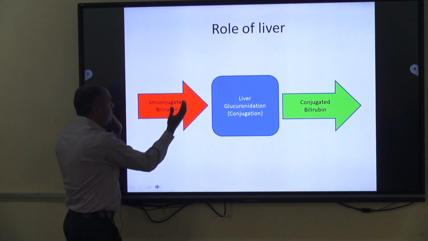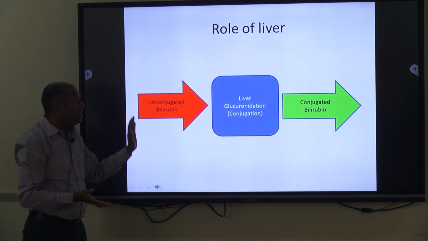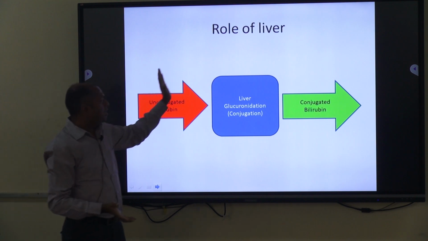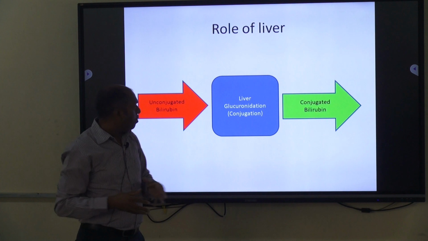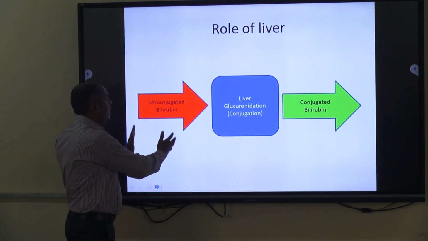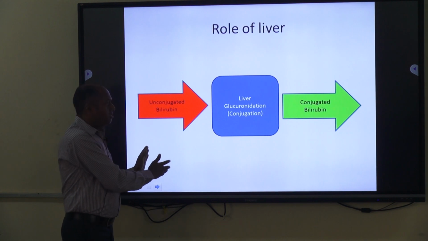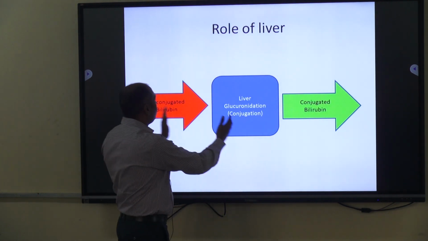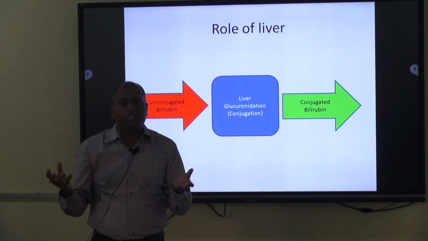So RBC breakdown is more, more unconjugated bilirubin is produced, and it is not conjugated by the liver because the liver has a certain capacity. So we have increased bilirubin, and we can call it jaundice.